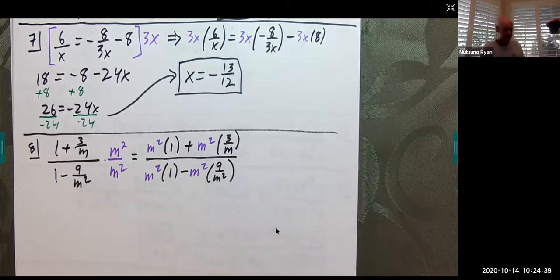And what that's going to do is reduce all those fractions so that I don't have to deal with them. I still have to simplify though.